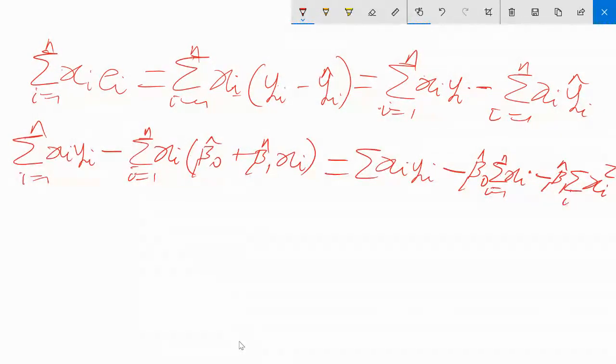So we have xi squared there. Is it clear?